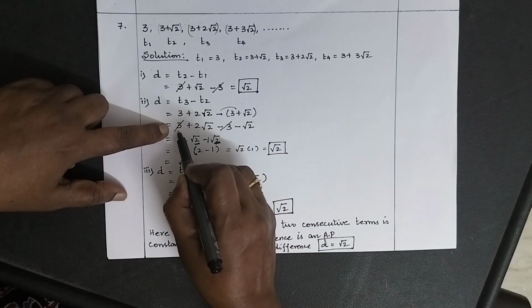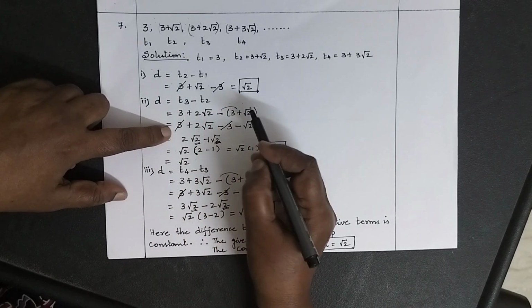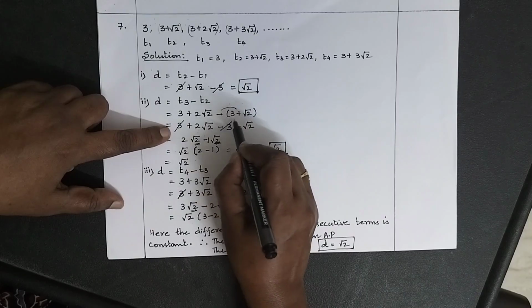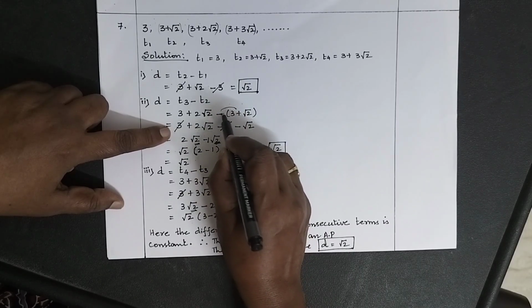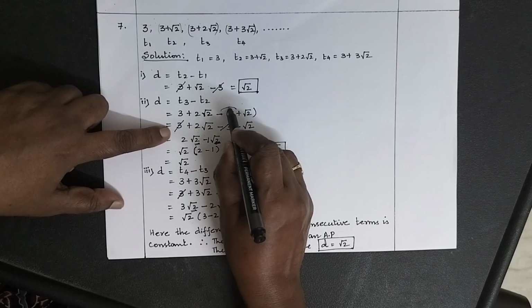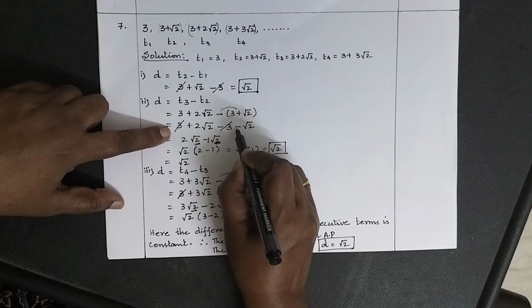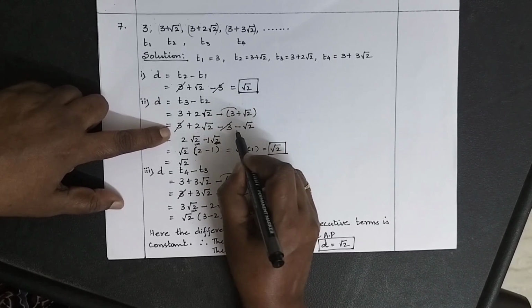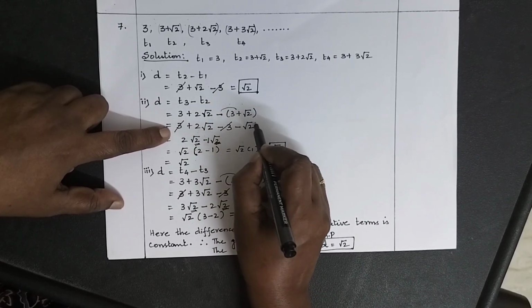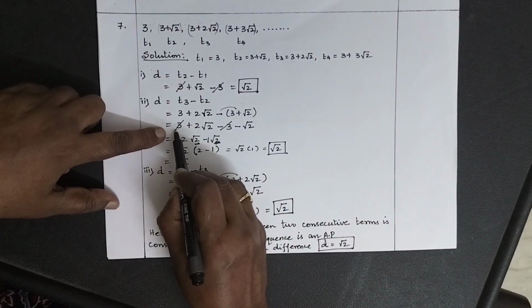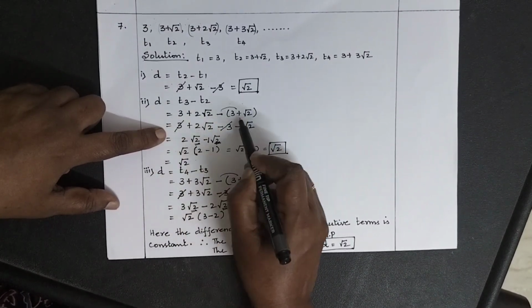And write this as it is, 3 plus 2 root 2, and open the bracket here. When you open the bracket, this is minus 3 and this minus of plus is minus. Minus of plus is what? Minus root 2. Now this plus 3 minus 3 get cancelled.